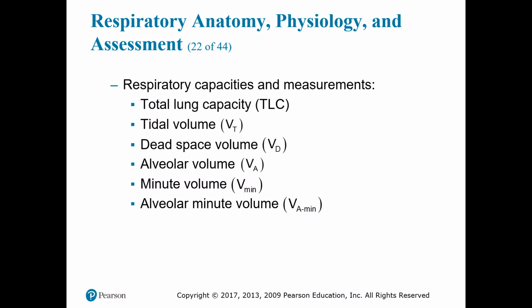We need to know the dead space volume. The dead space is the amount of gas in the tidal volume that remains in the air passageways, unavailable for gas exchange. So anything above the alveoli, all the way out to the lips, is considered dead space. It is approximately 150 milliliters in the adult male.